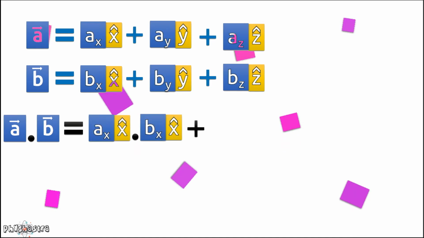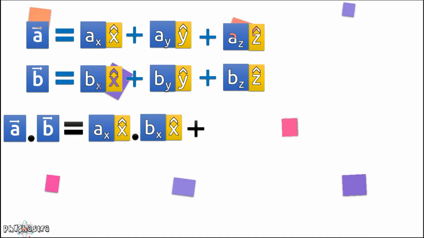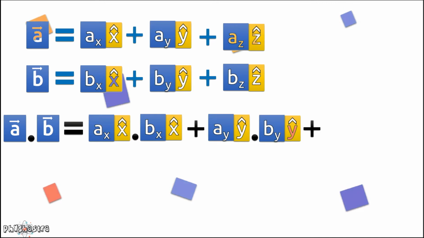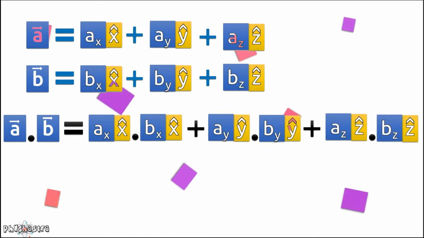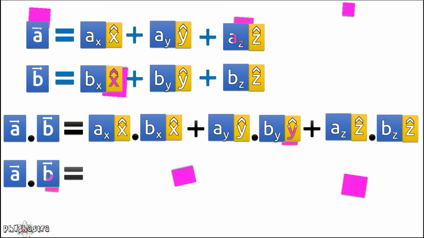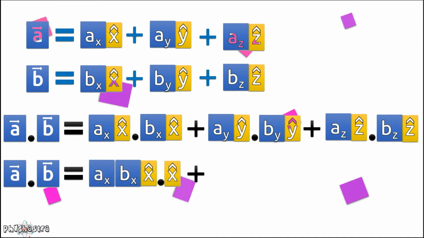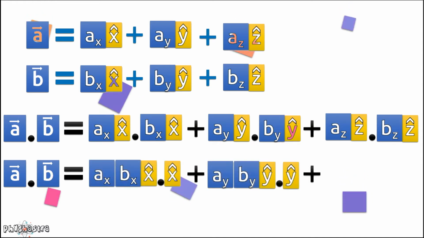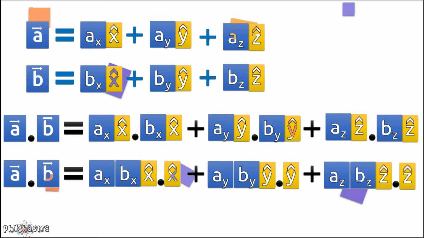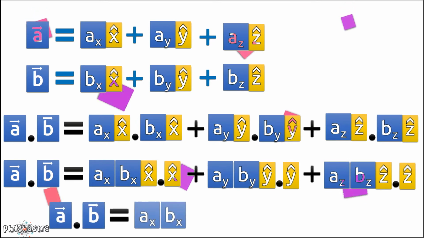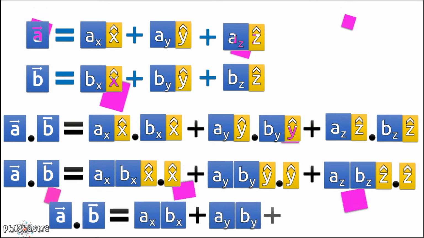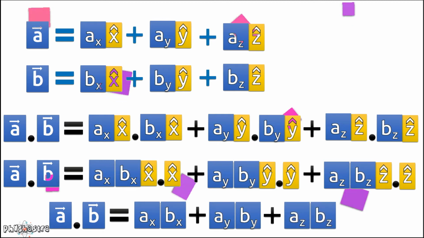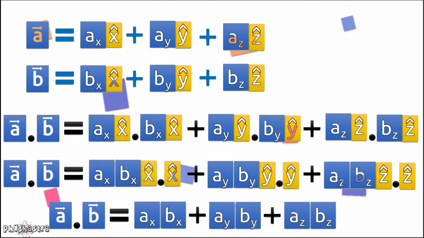For example, the x component of one vector multiplies with the x component of the second vector, and similarly further on. The x dot x, y dot y, and z dot z will be 1, and finally we get ax bx plus ay by plus az bz. This is how we do the dot product. If you didn't understand it, feel free to watch this video again.